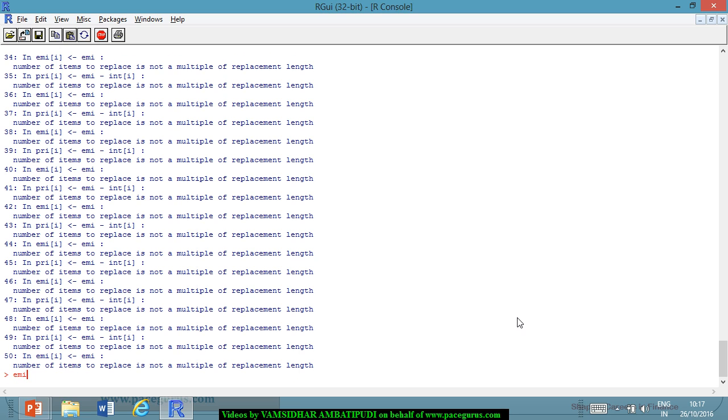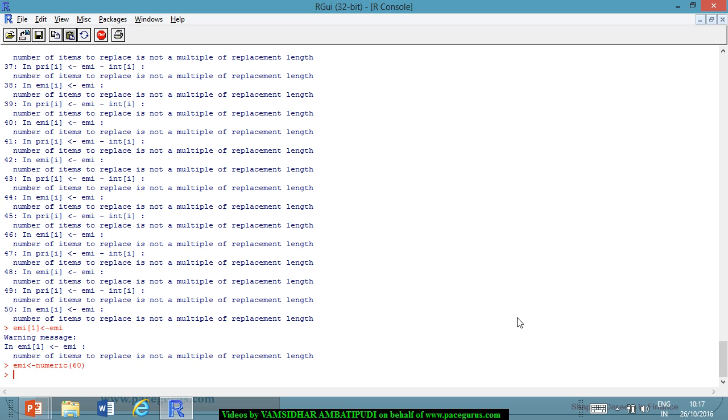So I can set EMI of 1 also to be equal to EMI. So I have all the runs. Okay. So EMI also, let me set it as numeric 60. Then I can set EMI of 1, etc. So I'm setting EMI also as numeric.